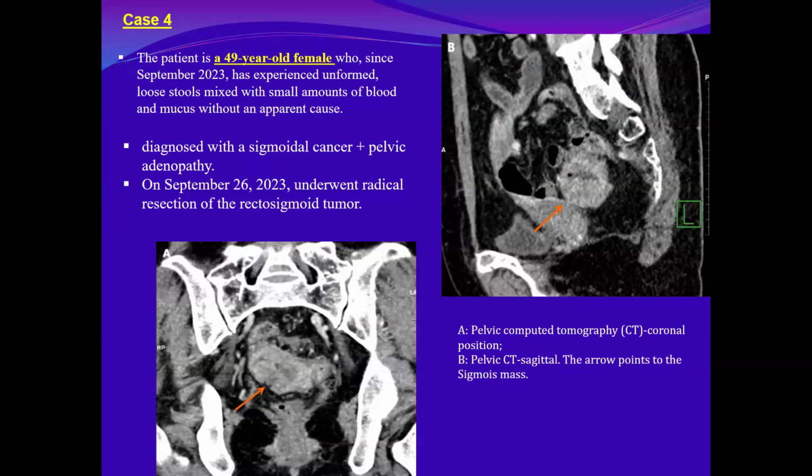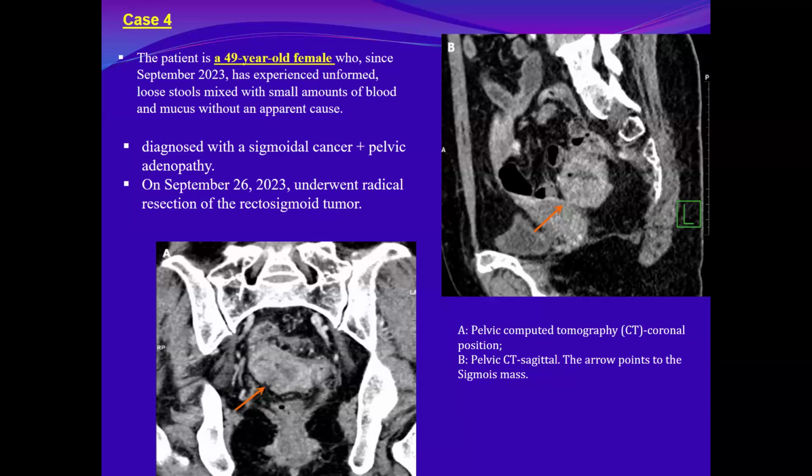Okay, case number 4 here. This is a 49-year-old female who since September 2003 experienced loose stool mixed with mucus and small amounts of blood, and was diagnosed to have a sigmoid mass on the CT, proven to be a malignant mass with adenopathy.